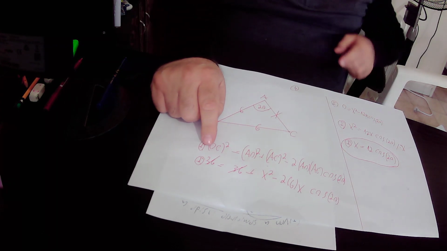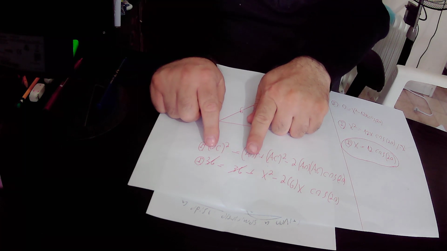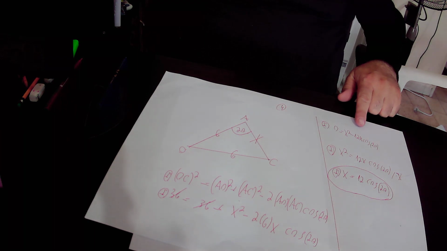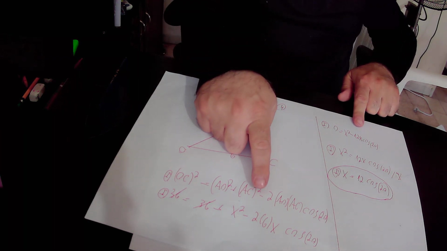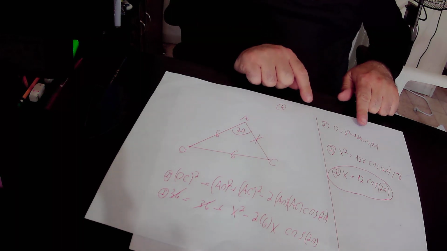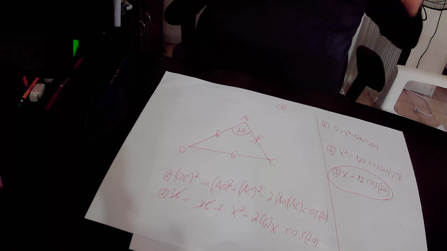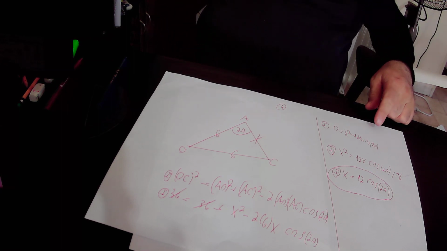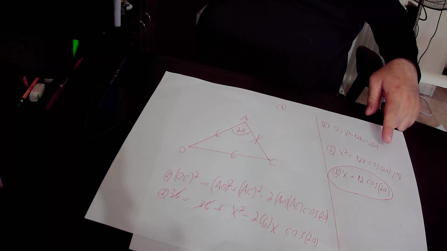So here we have 36 on both sides of equation number 1, so 36 will get cancelled, and we are left with 0 equals X squared minus 2 times 6, which is minus 12, so what is left is minus 12x times cosine 2 theta. So in conclusion, according to equation number 1, 0 equals x squared minus 12x times cosine 2 theta. We added 12x cosine 2 theta to this equation and found out that x squared equals 12x times cosine 2 theta.